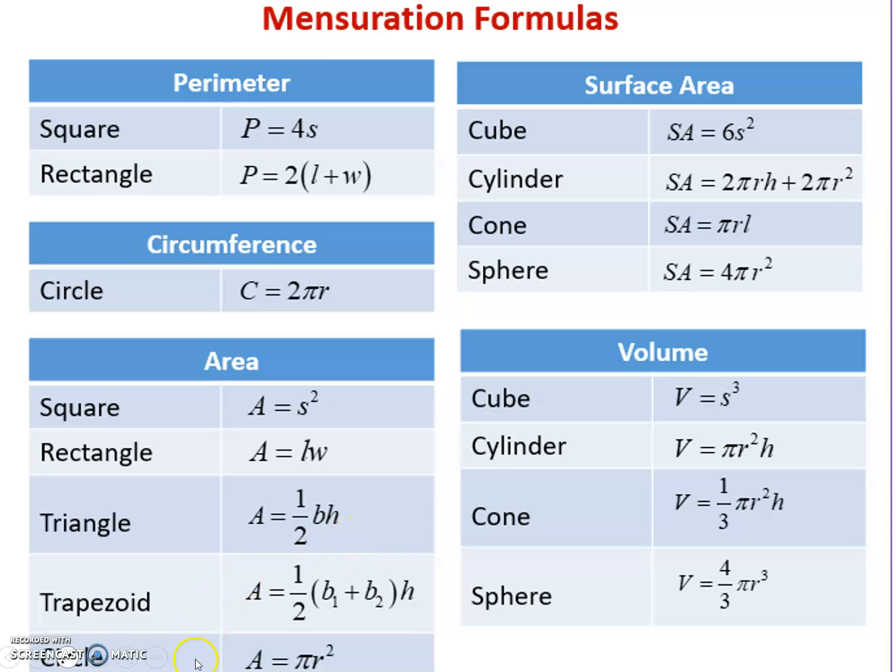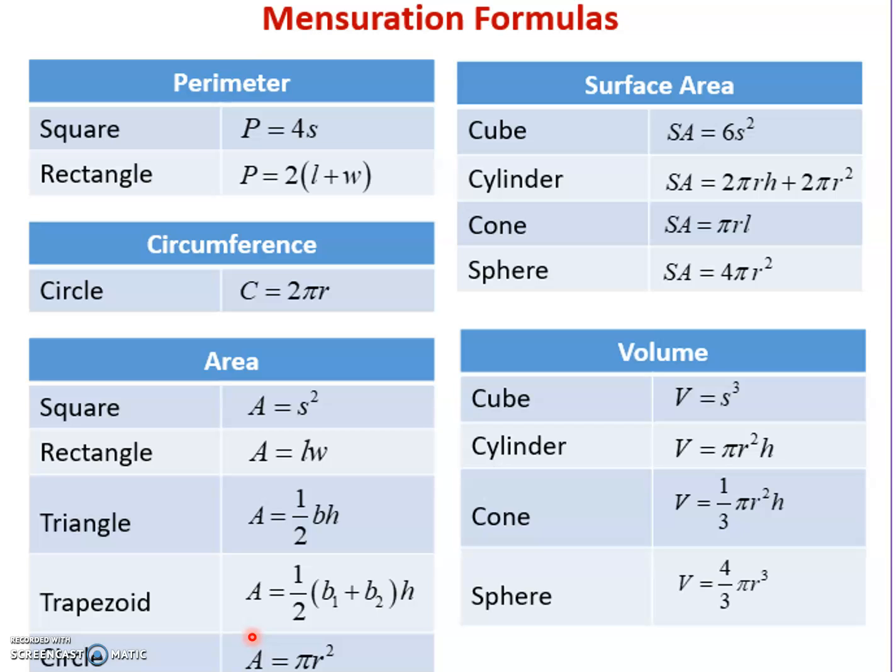Now, we have to take the trapezoid. Capital A is equal to 1 upon 2 in bracket B1 plus B2 bracket complete into H, where B1 and B2 are the adjacent and parallel sides. In a trapezoid, B1 is always the parallel side.